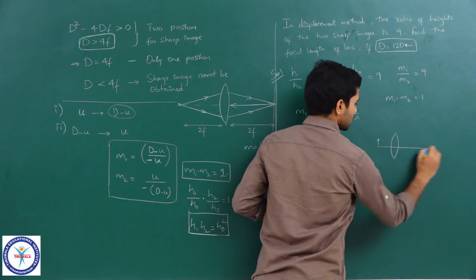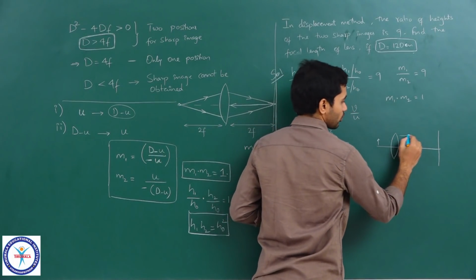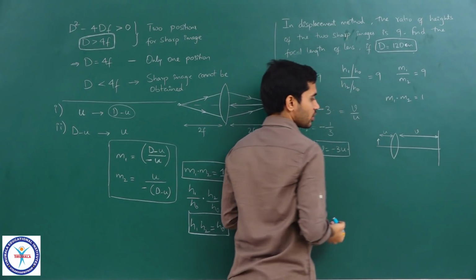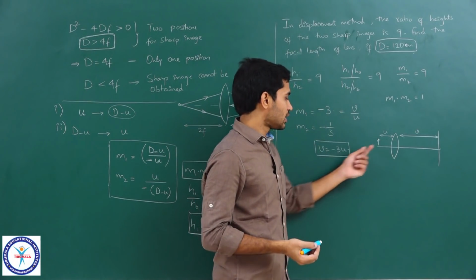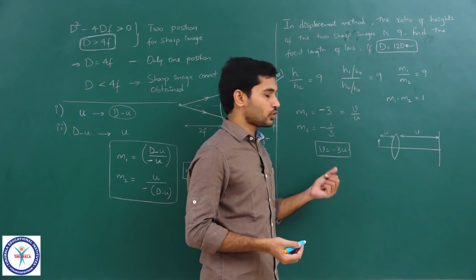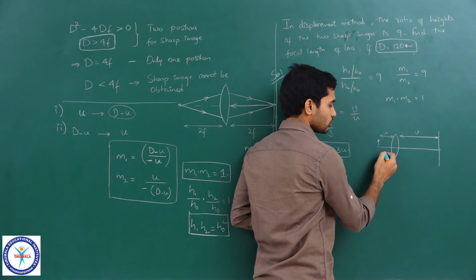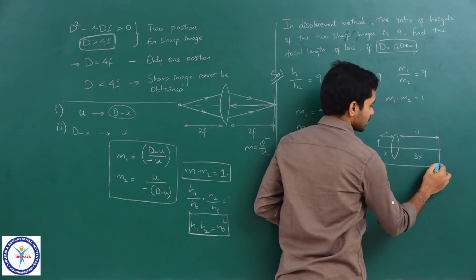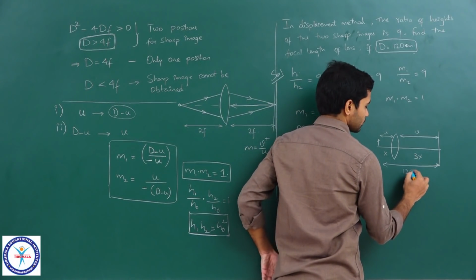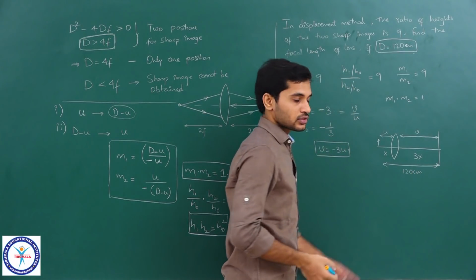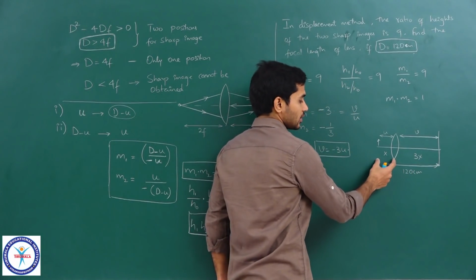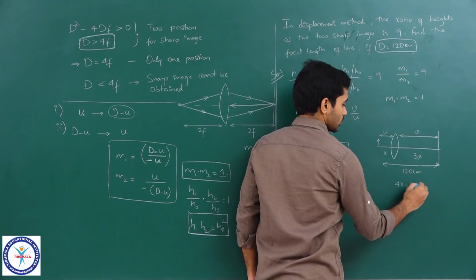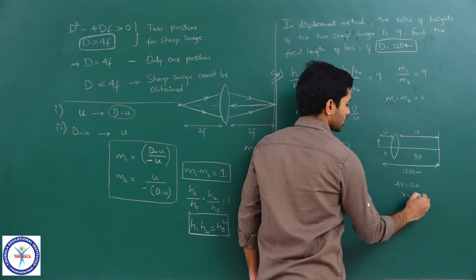If this is the object and this is where the image is formed, this is V, this is U, and from here we understood that the magnitude of V is 3 times the magnitude of U. If I assume that the magnitude of U is x, then this is 3x, and we know that the total length is 120 centimeters, correct. So, 4x is equal to 120, which means x is equal to 30 centimeters.